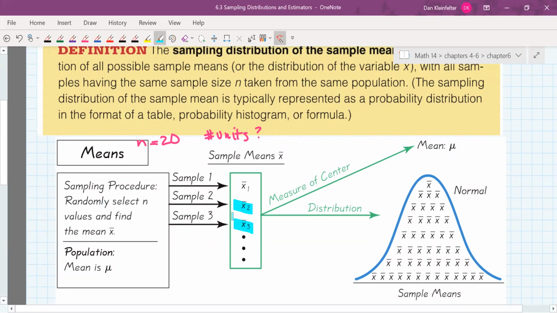We can make a table, we could make a histogram, or in some cases, we could produce a formula that describes the distribution of sample means. And a big deal is that the mean of all those sample means is going to equal mu, which is the population mean.